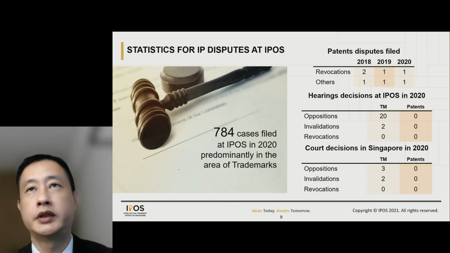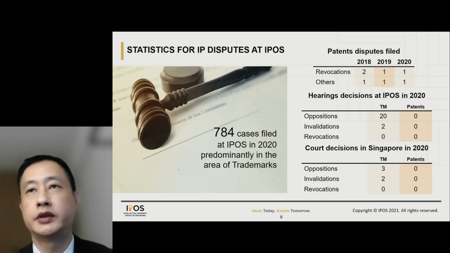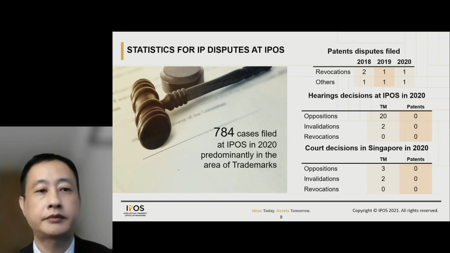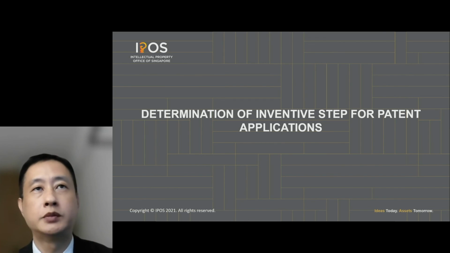In terms of hearing decisions at IPOS in 2020, there were 22 in trademarks and none in patents. Similarly, in court decisions in Singapore in 2020, in trademarks, there were 5 court decisions. In patents, there were none. Next slide, please. I'll now move on to the determination of inventive step for patent applications.